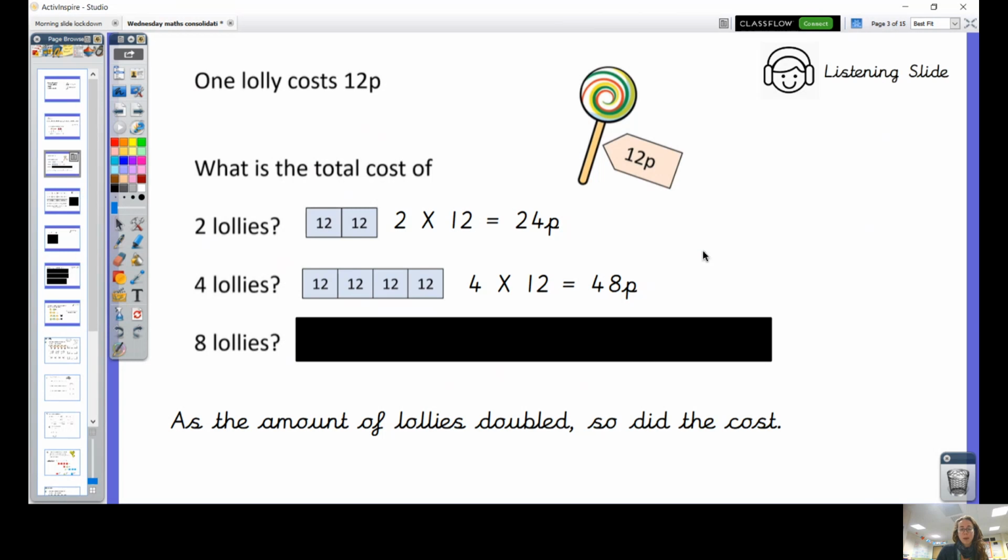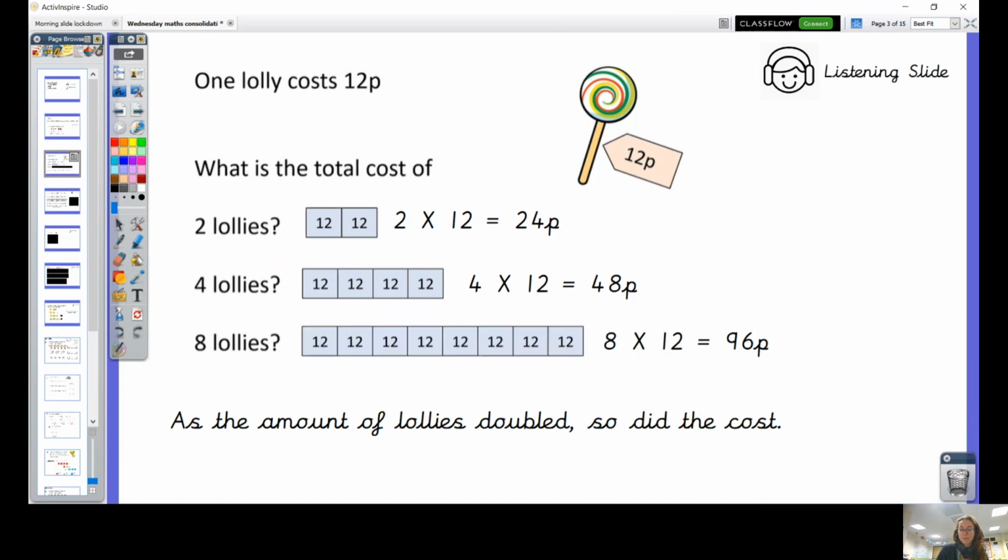That's 48p. And now let's have a look at what the total cost of 8 lollies would be. We've got 8 lots of 12 here in our bar model. That's 8 groups of 12, and that totals 96p.